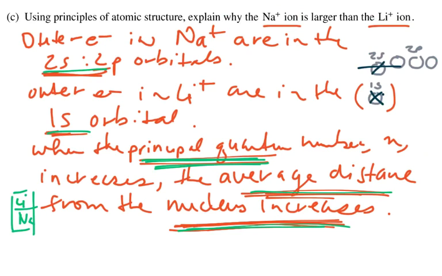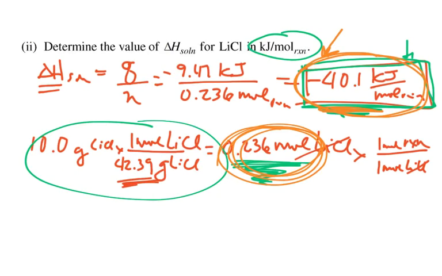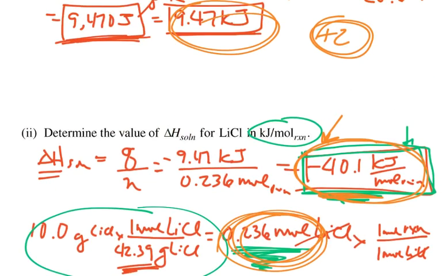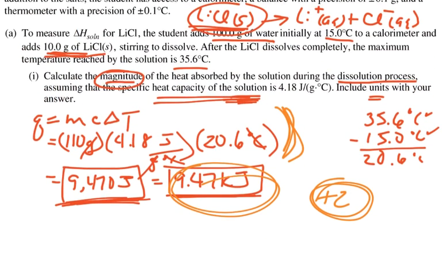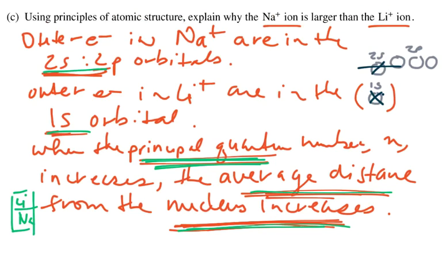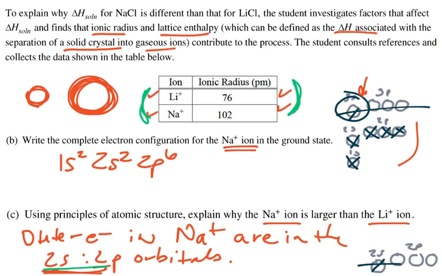For part C, using the principles, explain why sodium ion is larger than lithium ion. Again, I think I skipped a part. We got those 4. Oops, I didn't go down. So back here, we had to figure out the electron configuration for sodium ions, so just writing that was worth a point.